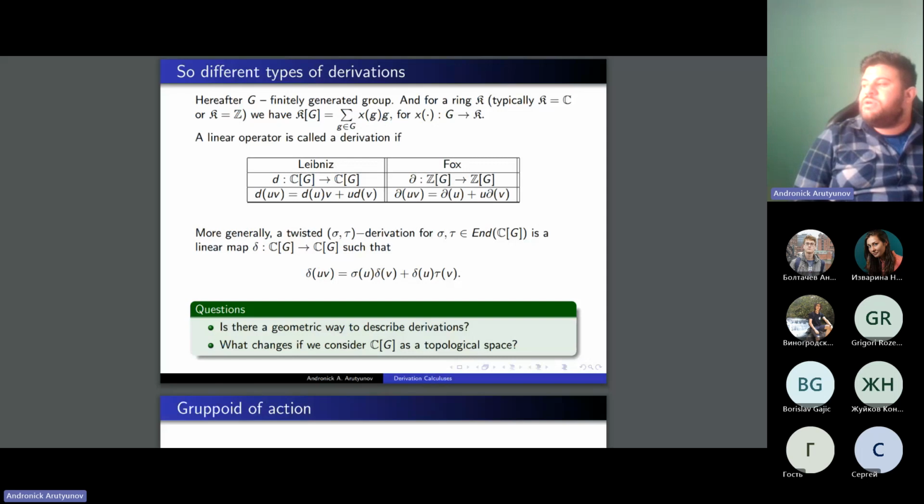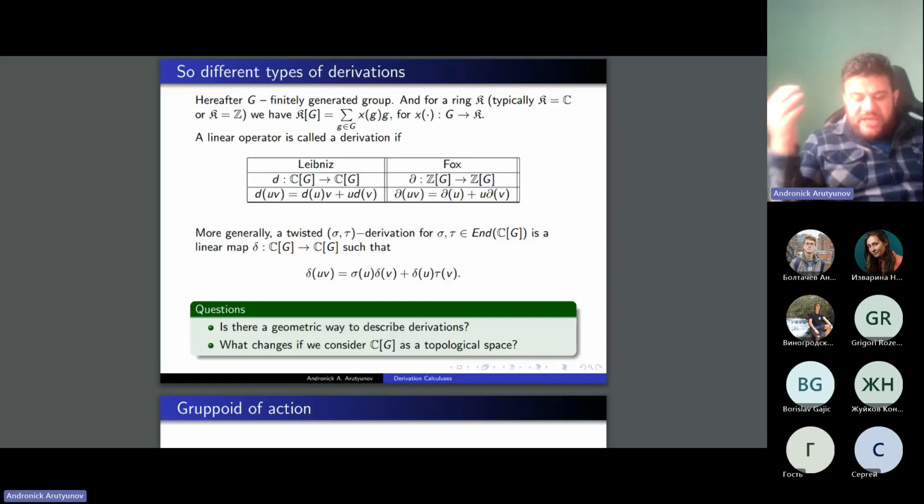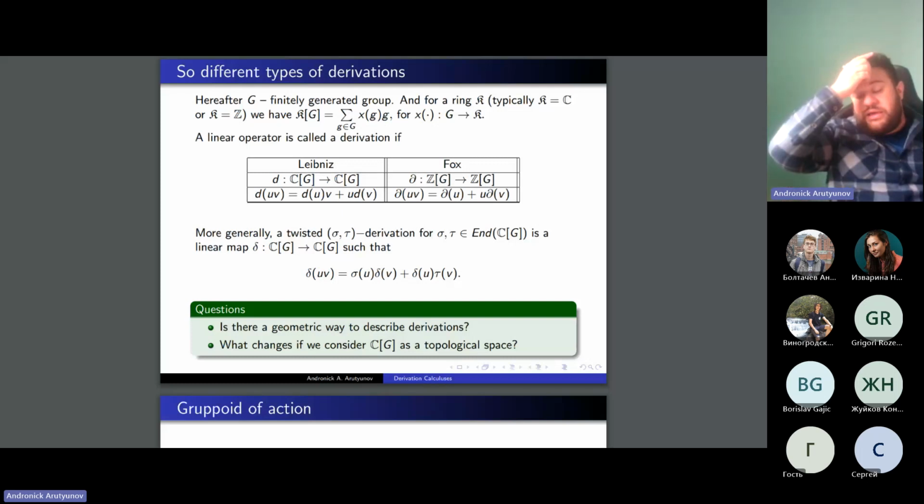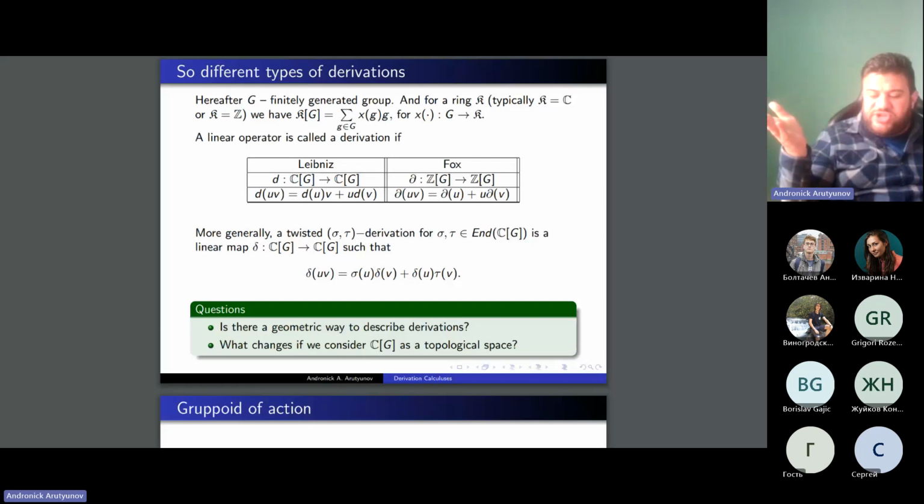First, when you are studying derivations, you can use the structure of the group. Again we have got a space which is equipped with a group action or some group structure, algebraic structure, and it's easy to see that you need some properties of the group to understand how the derivations look like, because in the multiplication which is written in the identities, you see the multiplication you get from your group.